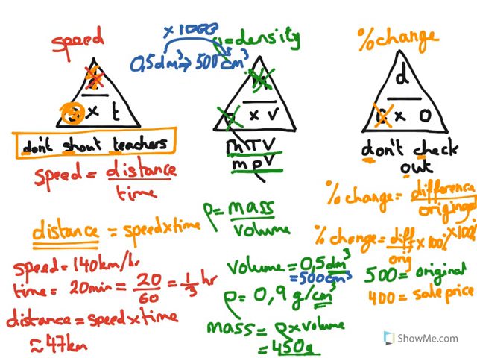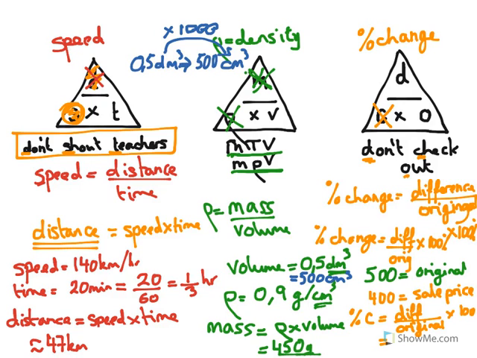And the question is, what was the percentage change? Well, the percentage change is going to be the difference in price divided by the original price, and then to change it into percentage, we multiply by 100.